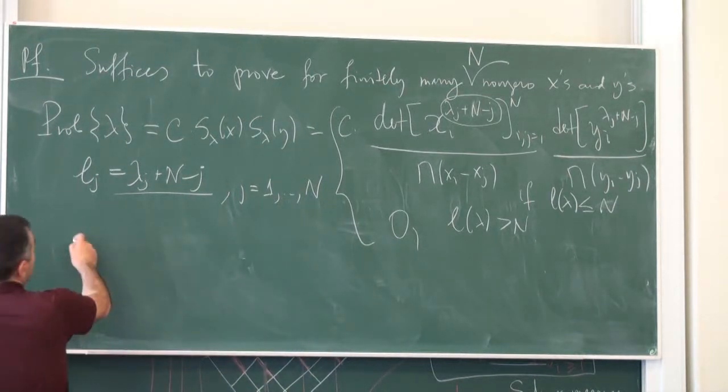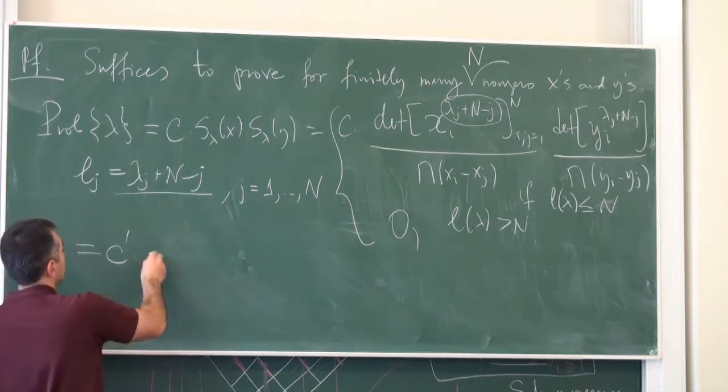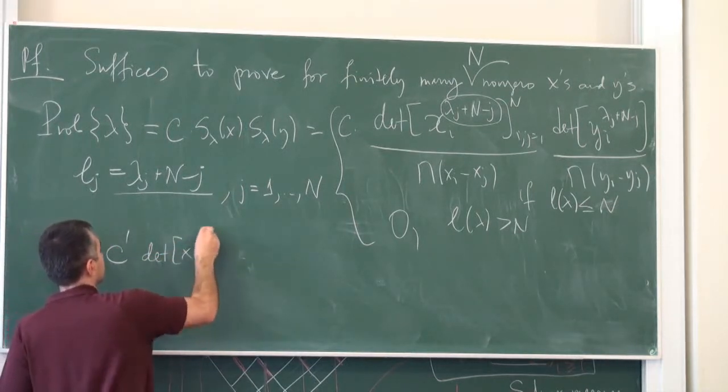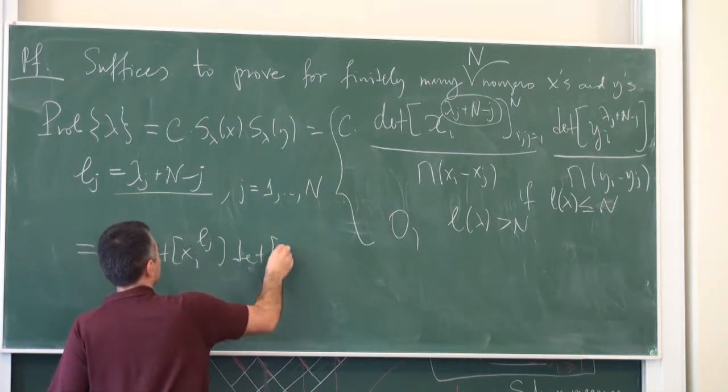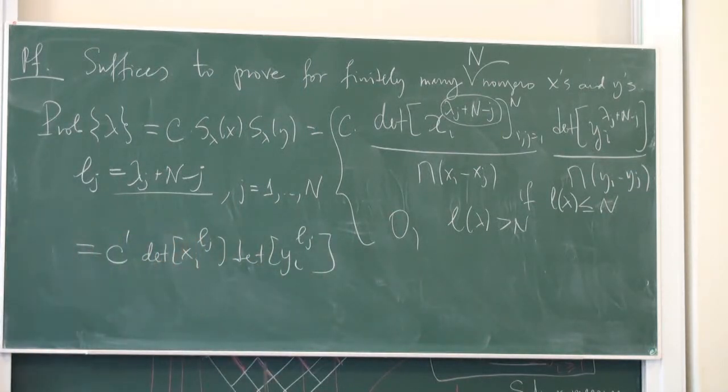Anyway, so this is j goes from 1 to n, these are my non-trivial particles, and then I can rewrite that thing as another constant times the determinant of x_i to the power L_j, times the determinant of y_i to the power L_j.